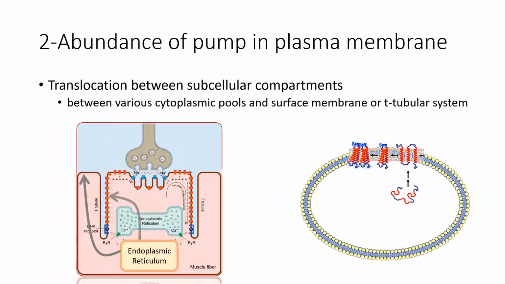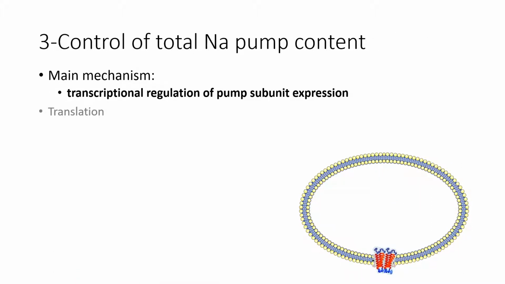The abundance of the pump in the plasma membrane is controlled by translocation of isoforms of the pump between subcellular compartments like ER, surface membrane, or T-tubule system, as I mentioned before.